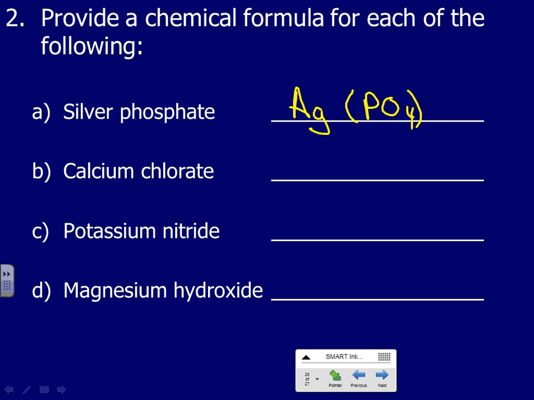Yeah. Take a look at the charge on that phosphate again. It's a tiny one. It's a 3. There's a little 3 up there. That's the charge we need to cross over. Other than that, the logic was correct. But phosphate is a 3 charge. Okay? Very good. Didn't need the brackets.